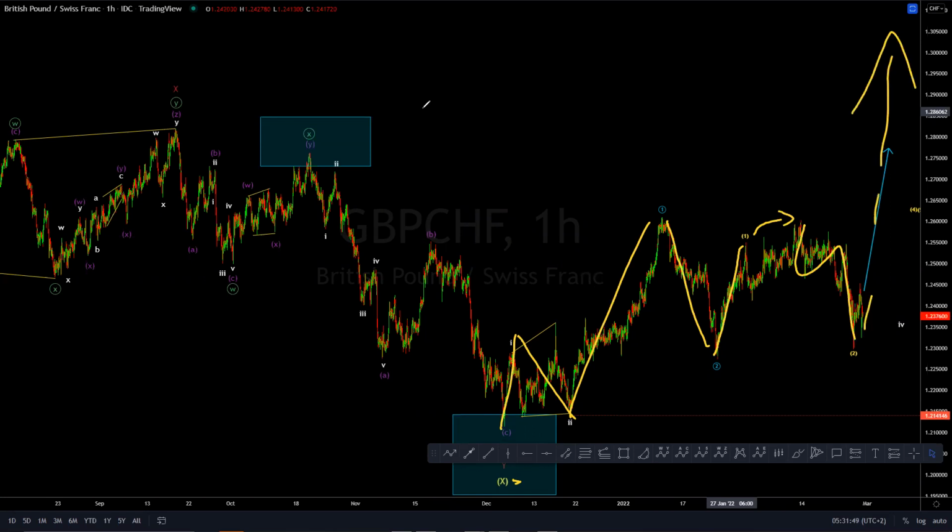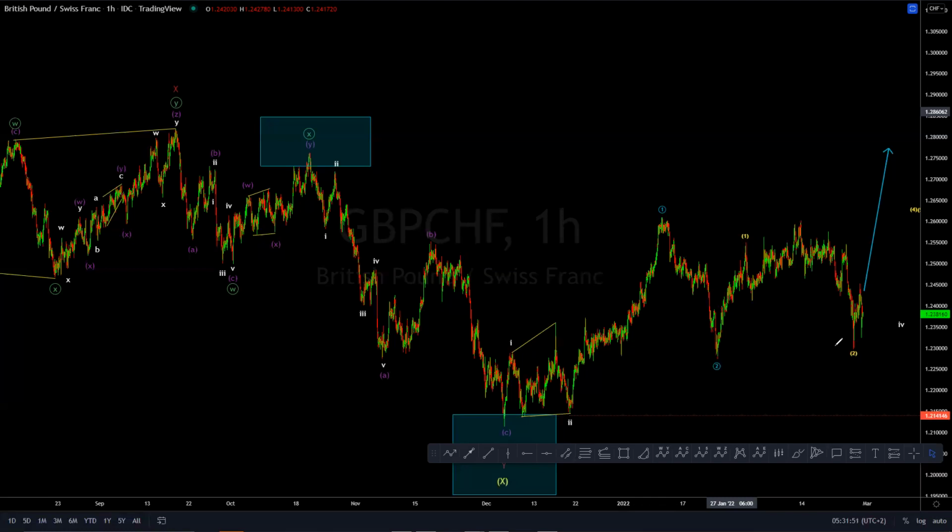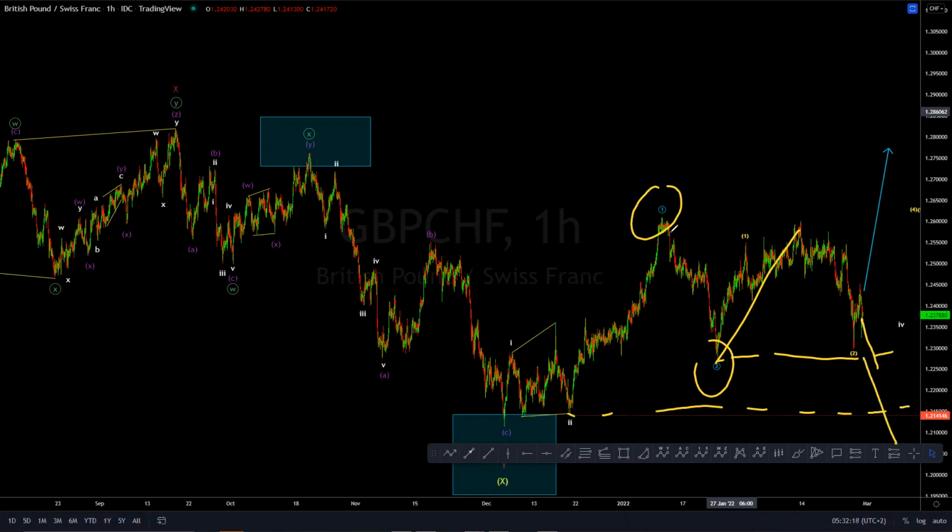So for this view to be valid and to hold, price, which is right here right now, should not go below this level here, because if it does, it invalidates the start of 1. And for the view in blue to hold, price should not go below that level, because 2 cannot go below the start of 1, right?